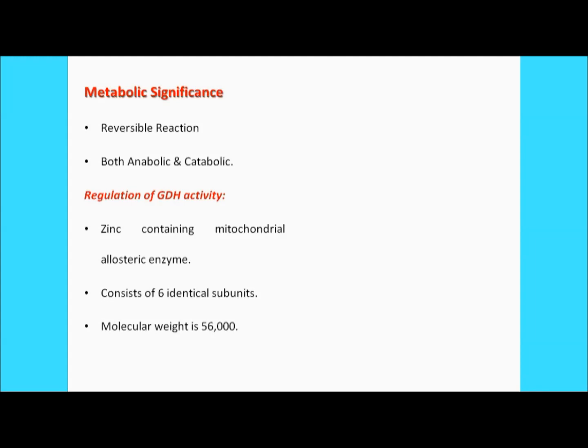You should know that, right? It consists of 6 identical subunits, right? Moreover, the molecular weight is 56,000. So this is the GDH, and these are its properties. Based on these properties, any substance or substrate can control the activity of GDH.